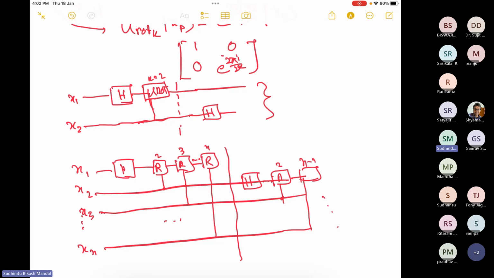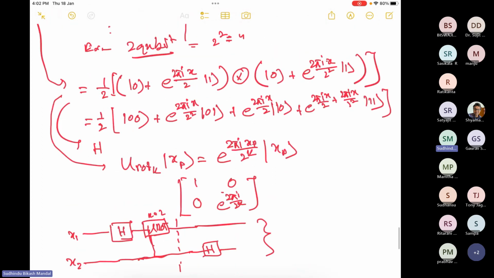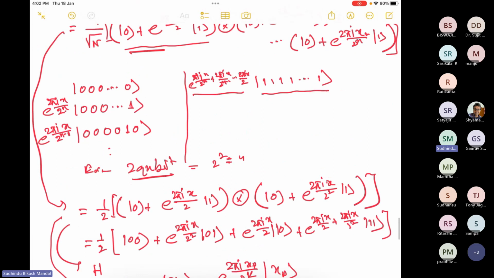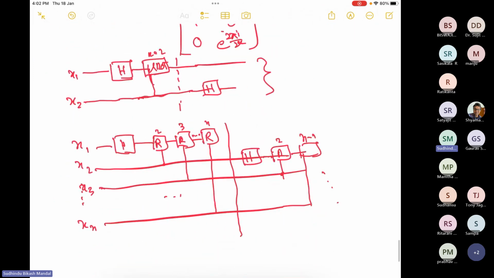In this way you can design your n qubit circuit, and now you can very easily understand why I am putting all of these controls over x1, because we need to add up all the phases coming from the other qubits. That's why I need to give this U rotation.